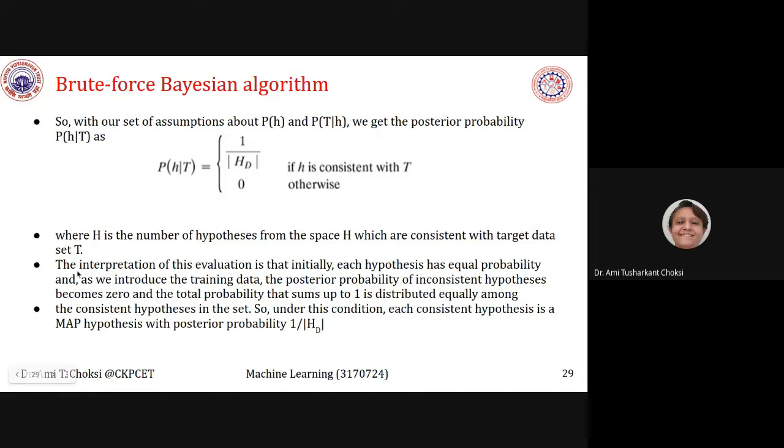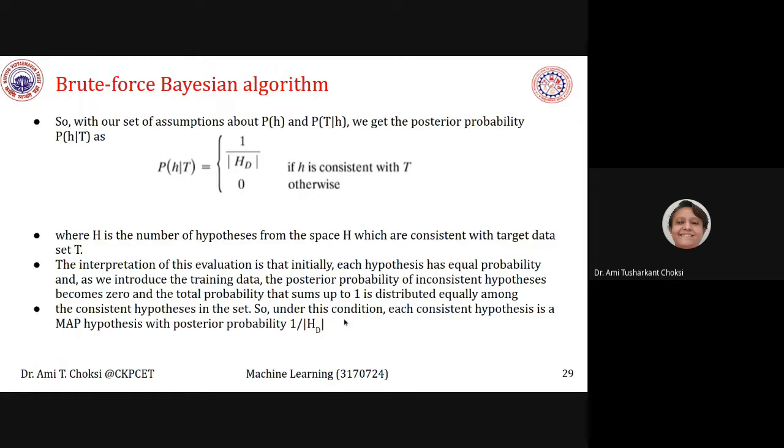The interpretation of this evaluation is that initially each hypothesis has equal probability. And as we introduce the training data, the posterior probability of inconsistent hypotheses becomes 0, and the total probability that sums up to 1 is distributed equally among the consistent hypotheses in the set.